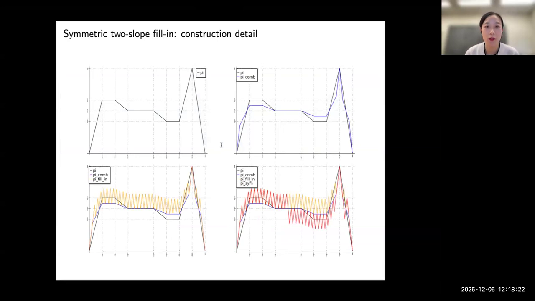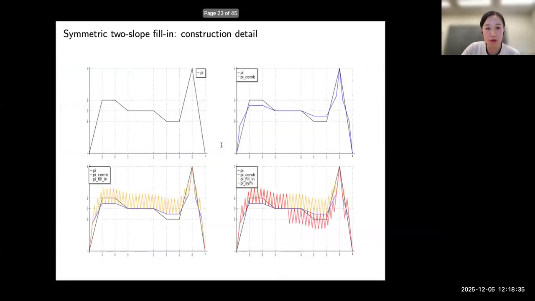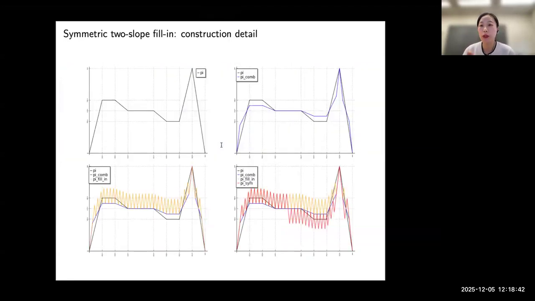Let's take a quick look at how this construction goes. We want to approximate a given function by a two-slope function and make the new function extreme. The first thing Hildebrand, Basu, and Molinaro did is to wiggle the function a little bit so that the subadditivity slack is strict. Then on the new function, the blue function, use the two-slope lifting to make it continuous and only with two slopes.